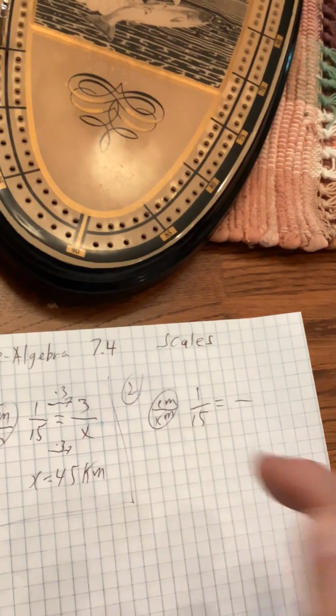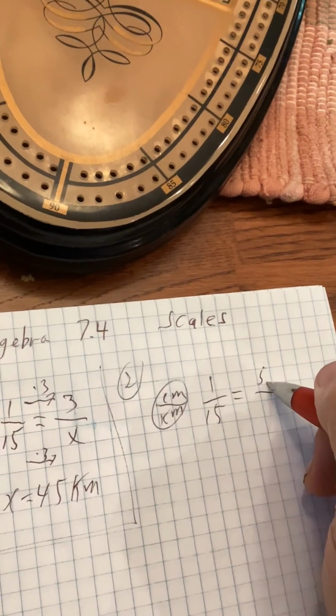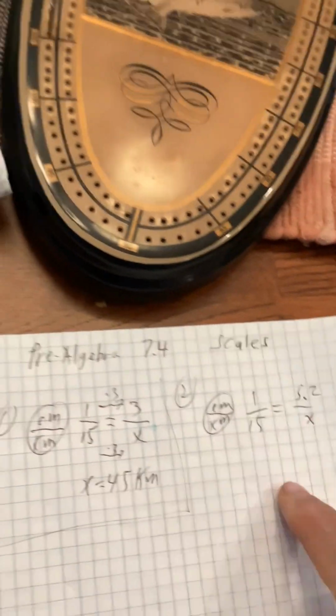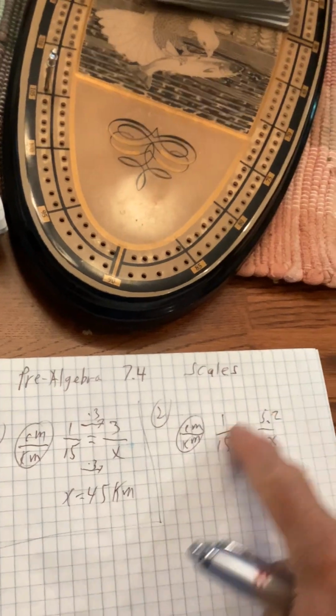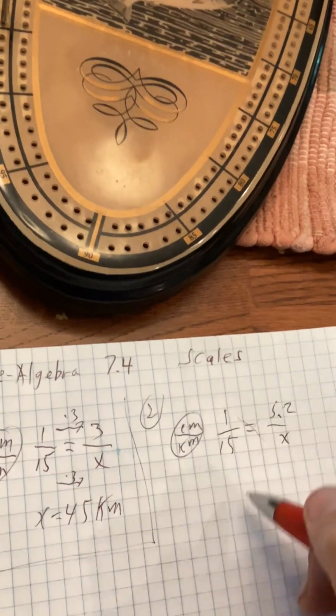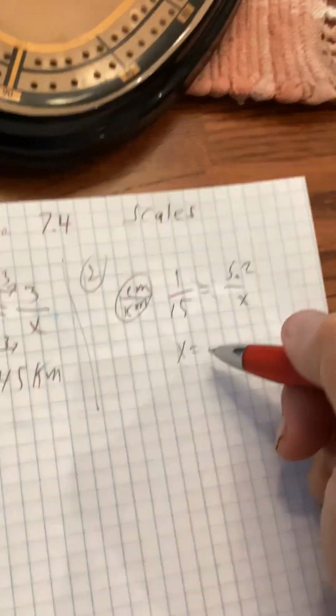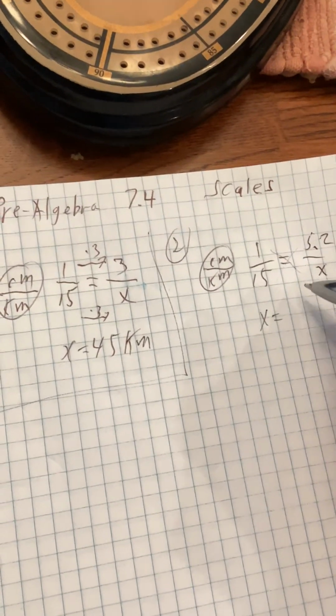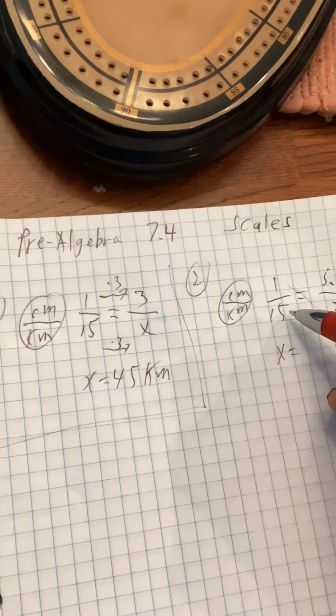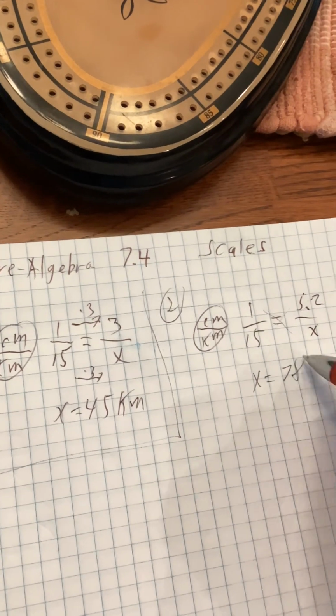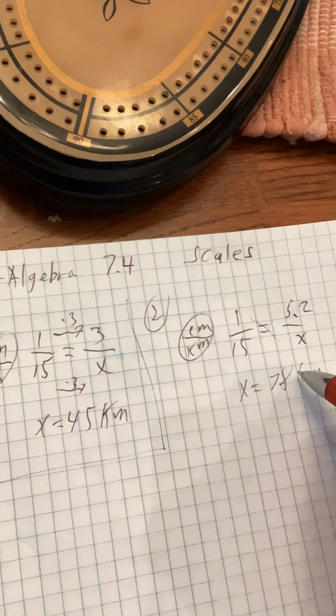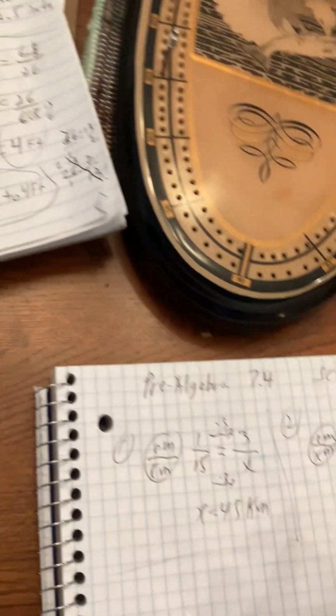So the 5.2 centimeters goes on top. And I'm trying to find the actual distance. I'm just gonna crisscross. So x equals, and I already multiplied. Oh, I can do this in my head. 75 plus 3, it's gonna be 78 kilometers is the actual distance.